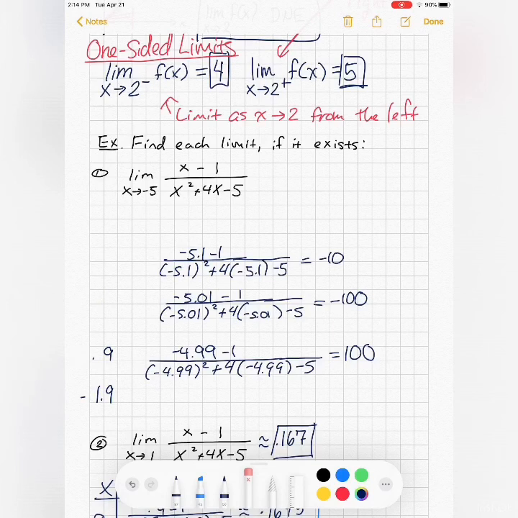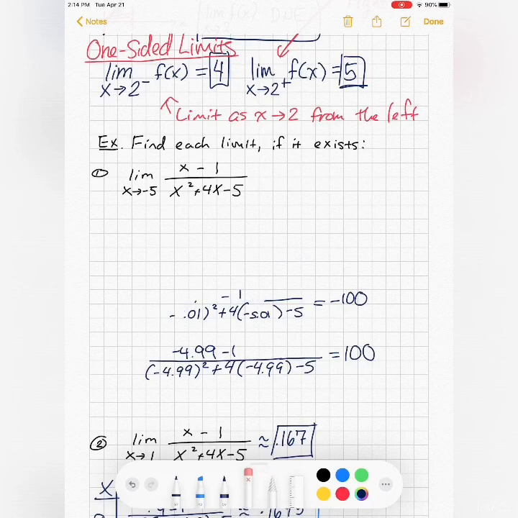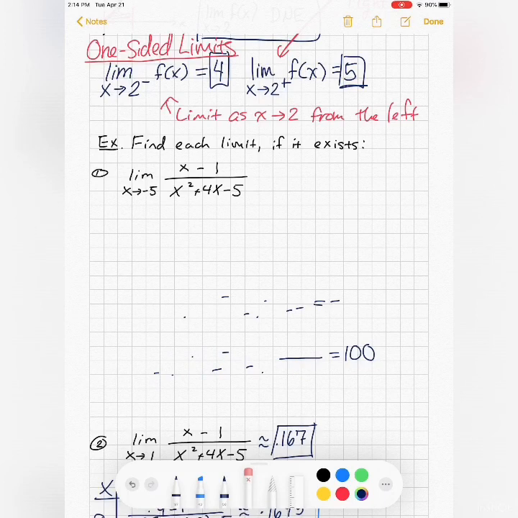So what if instead of using a table, we find this limit algebraically? Okay, so what I'm going to do is look at the rational function and say, can I simplify that rational function?